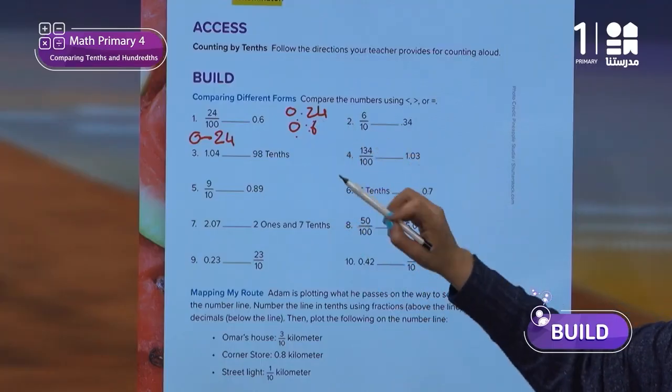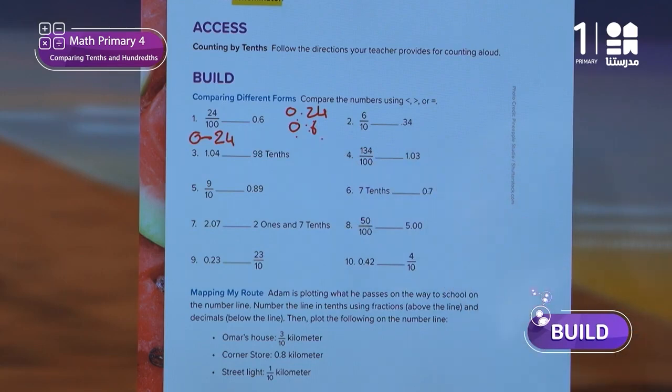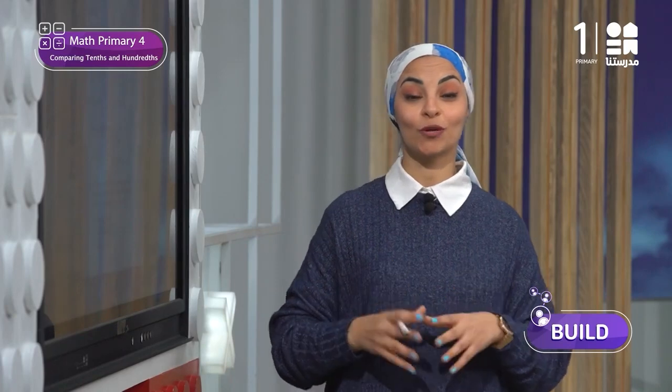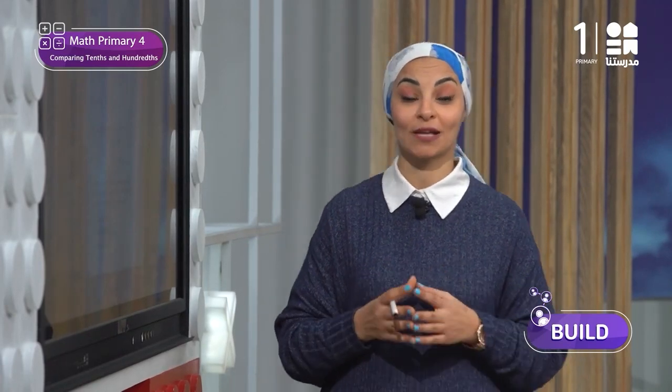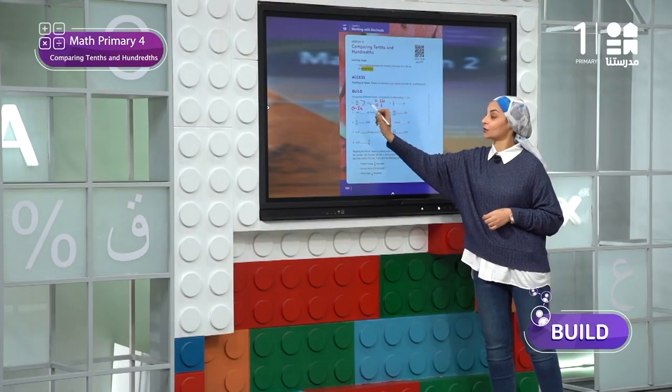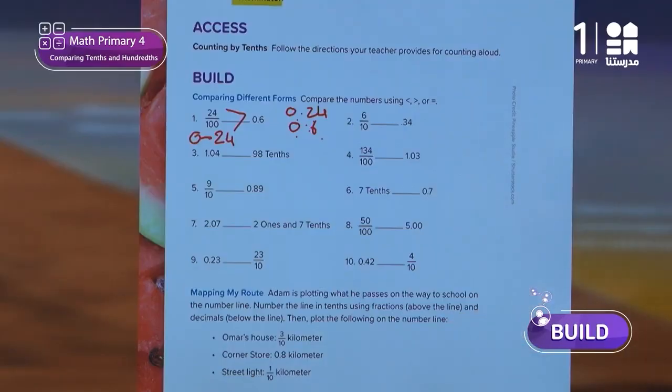The second one I have 6 tenths. So which is bigger? أنا متأكدة إن أنتوا كلكم دلوقتي بتقولوا إن 6 tenths is greater than 2 tenths. ده معناه إن 24 hundredths smaller than 6 tenths أو 24 over 100 أصغر من 6 tenths.